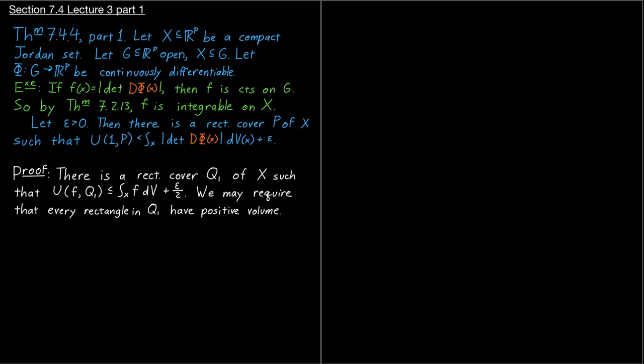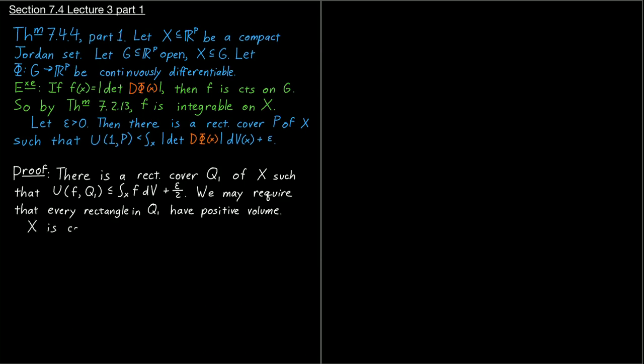You just do the same thing within epsilon over 4 in place of epsilon over 2, and then you make all of your rectangles of volume 0 just a little bit bigger so they have positive volume, and you can do that in such a way that you're adding less than epsilon over 4 to the upper sum. Now we're going to use a whole bunch of results from our section on compactness.